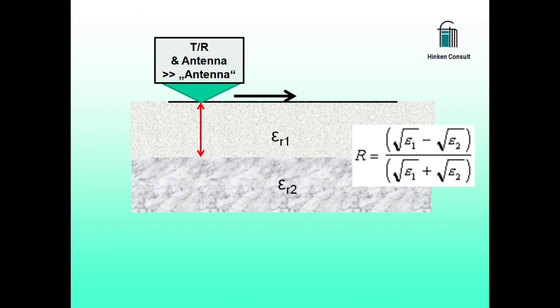The radiation hits a boundary between two layers with different permittivity. And as we know, then reflection occurs. The amount of reflection is larger, the larger the difference in the two permittivities is. And this reflection continues when the antenna is moved over the ground, which results in the horizontal line in the diagram.